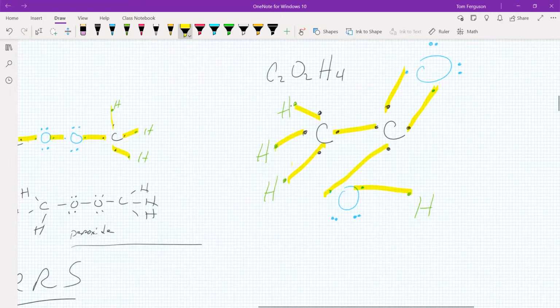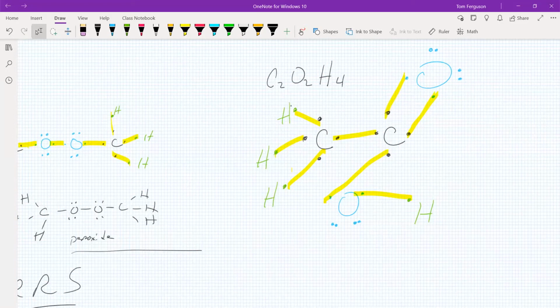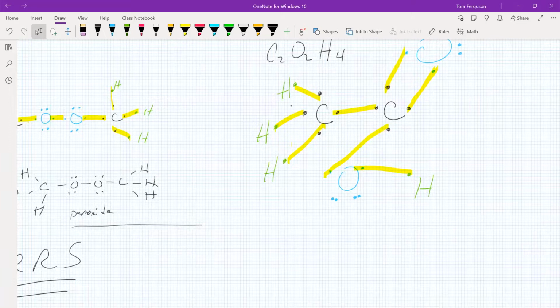Let's make sure it's by the rules. Carbon has 4 bonds, 1, 2, 3, 4. 1, 2, 3, 4 for the carbons. Oxygen needs 2 bonds, 2 and 2, and then our hydrogens are all 1 bond. Full set. Carbon needs 8 electrons, 2, 4, 6, 8. Oxygen needs 8, 2, 4, 6, 8. Hydrogen needs 2.